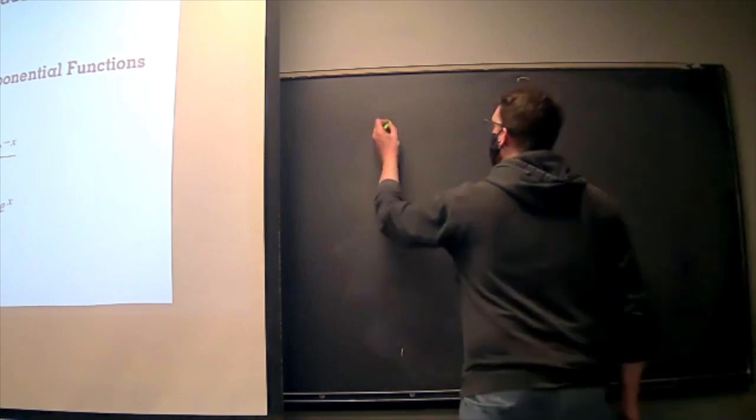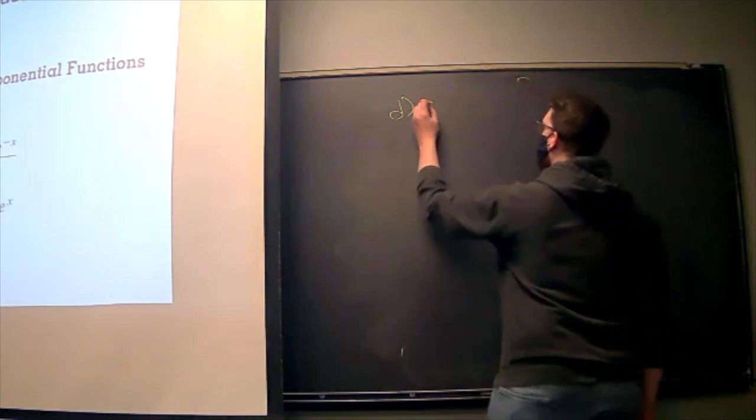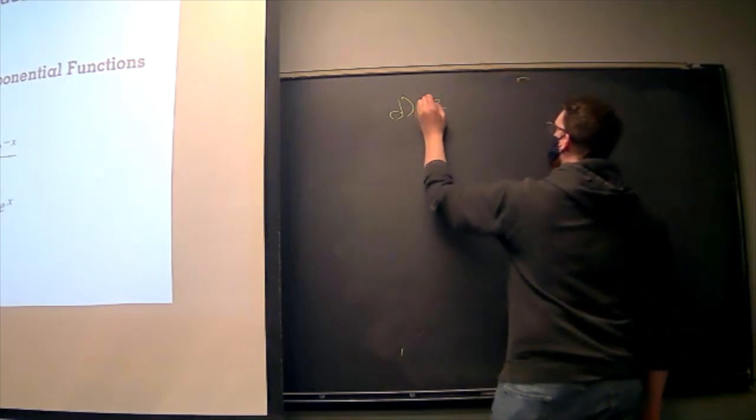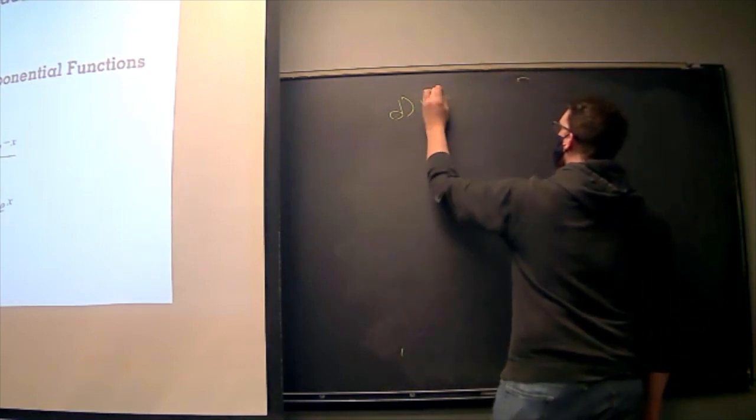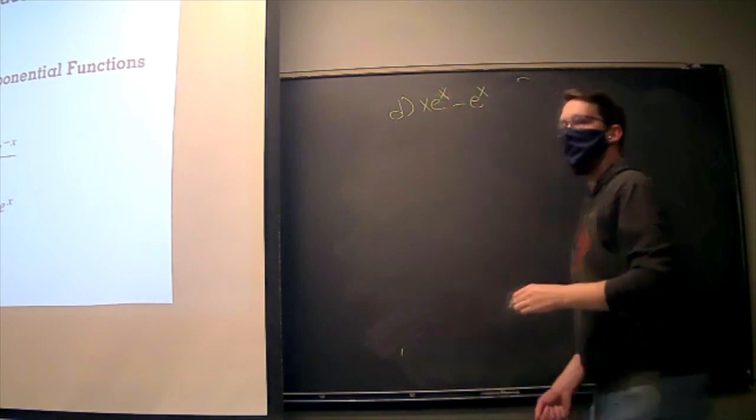Oh, never mind, it's not posted. So I want y'all to work on D. D is x e to the x minus e to the x.